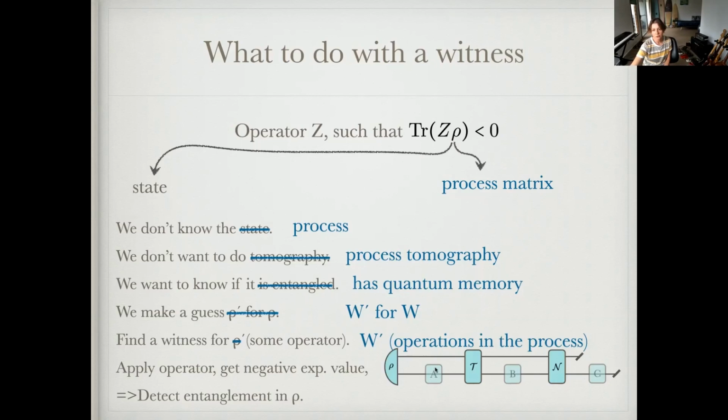So you just do a limited amount of operations on A, B, and C. And that would be the witness. So this operator, you apply it on the process where you go to the lab. And if you get an expectation value that is negative, then you have detected a quantum memory in the process.